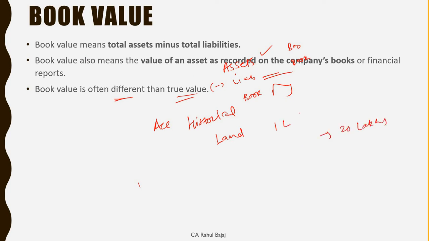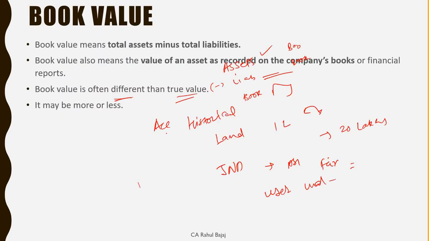So book value may not be true value. Now in Ind AS, the new accounting standard, you are asked to report the fair value in notes, so that users of the financial statements will understand the true value of a particular asset. It may be more or it may be less.